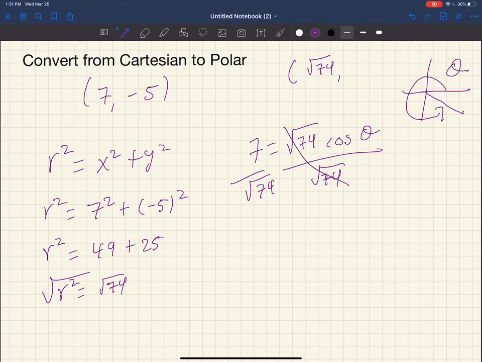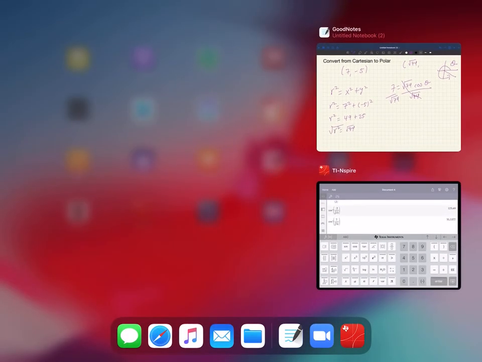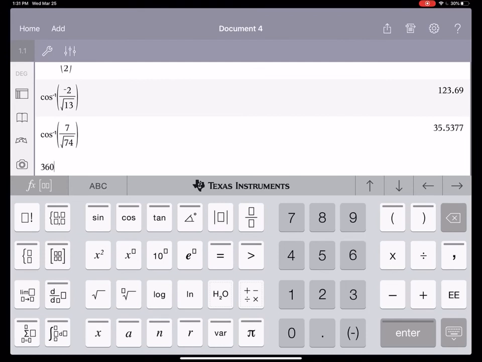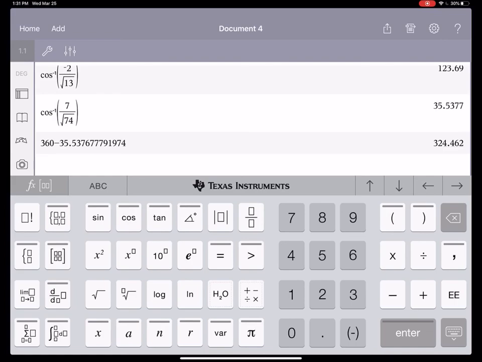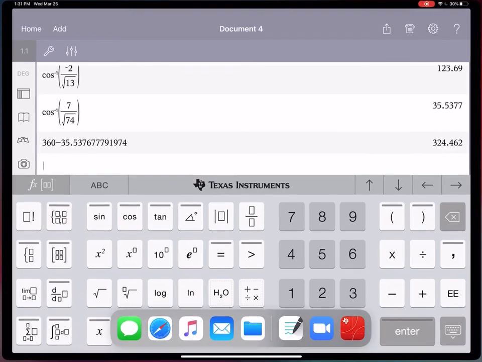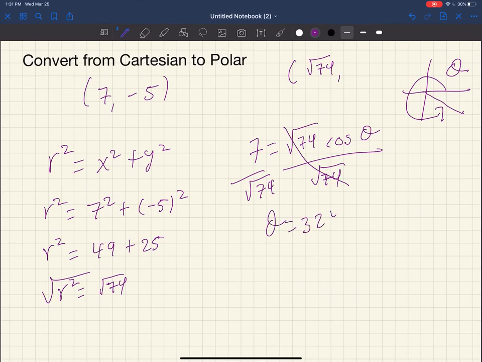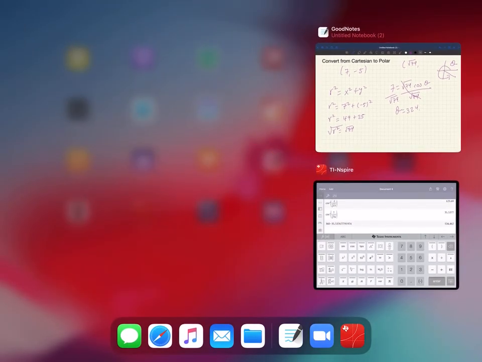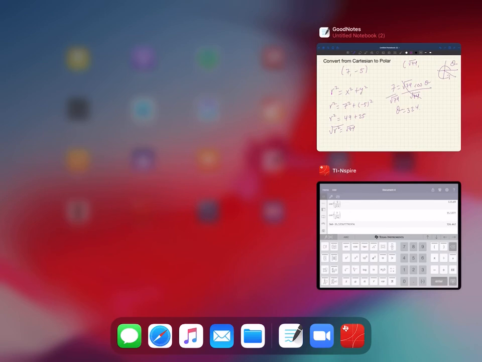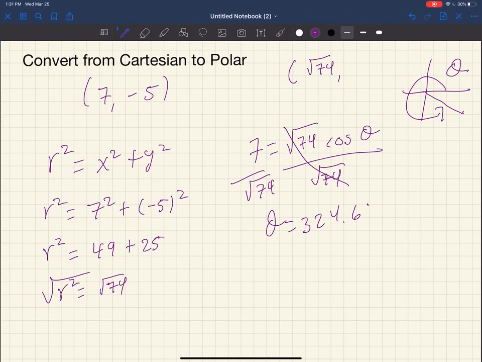This angle cannot be that, so we have to do 360 minus that answer. We get 324.462 degrees. So put it all together, and we have our answer.